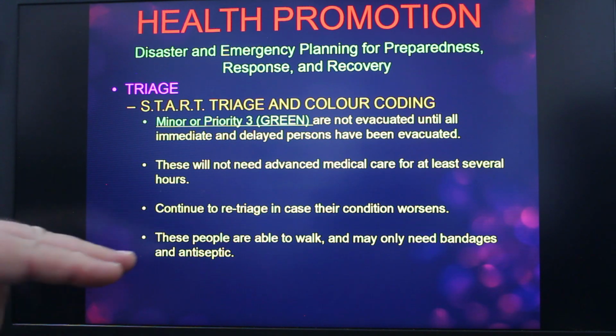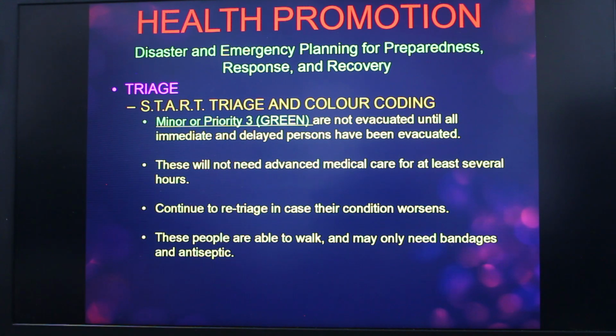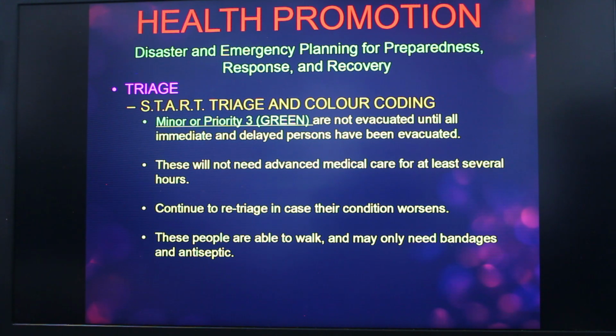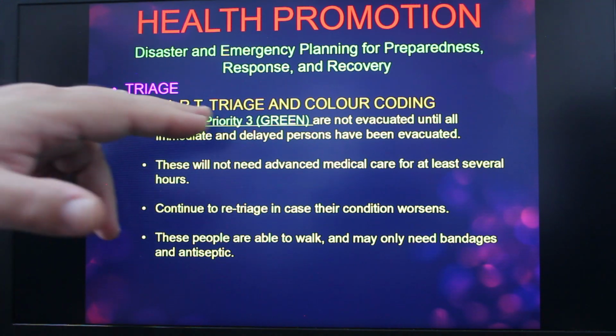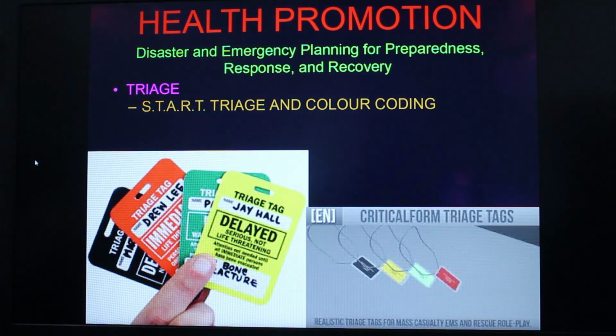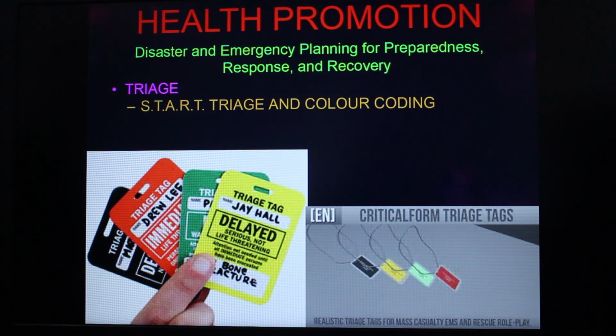So these people, who are able to walk and may only need bandages and antiseptics, are usually in the green or minor or priority 3 group. Now we can see some samples of triage tags here.